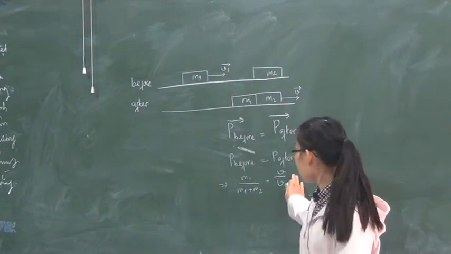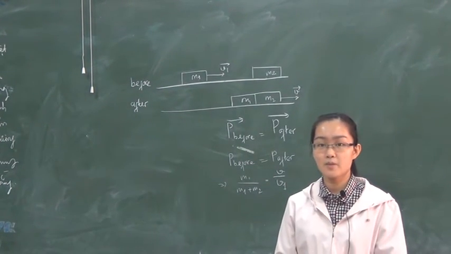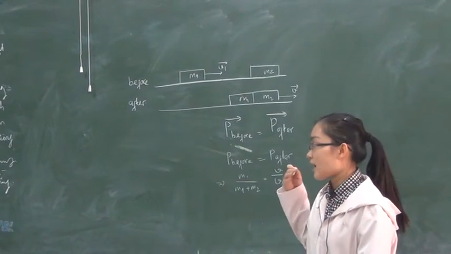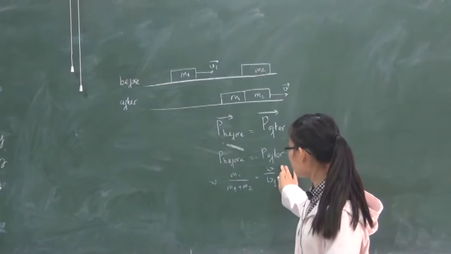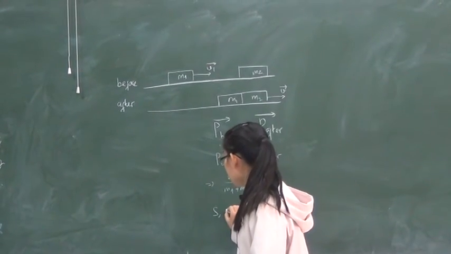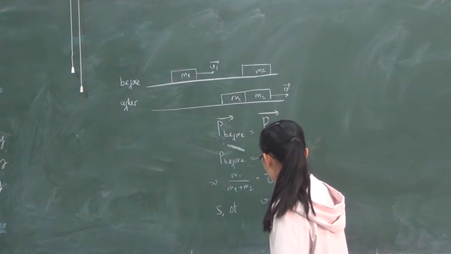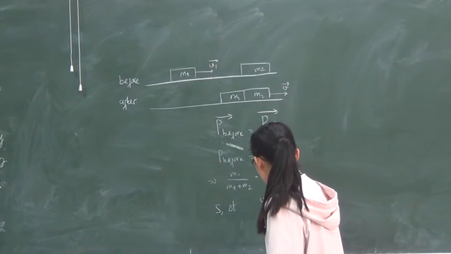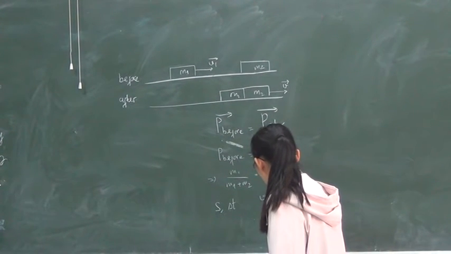This is because there is no way to measure velocity directly by the experiment. So I remind students that instead of measuring the velocity, they can measure the distance s and time delta t. This means v equals s over delta t and v1 equals s1 over delta t1.